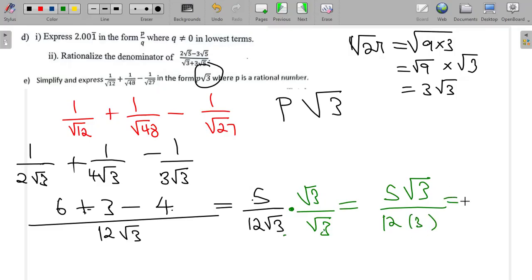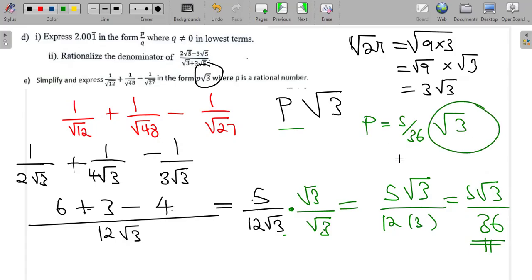So I have 5 root of 3 over 12 multiplied by 3, which is 36. So this is in the form where p is equal to 5 over 36, and then my root of 3 is just root of 3. So that's how we solve those questions.